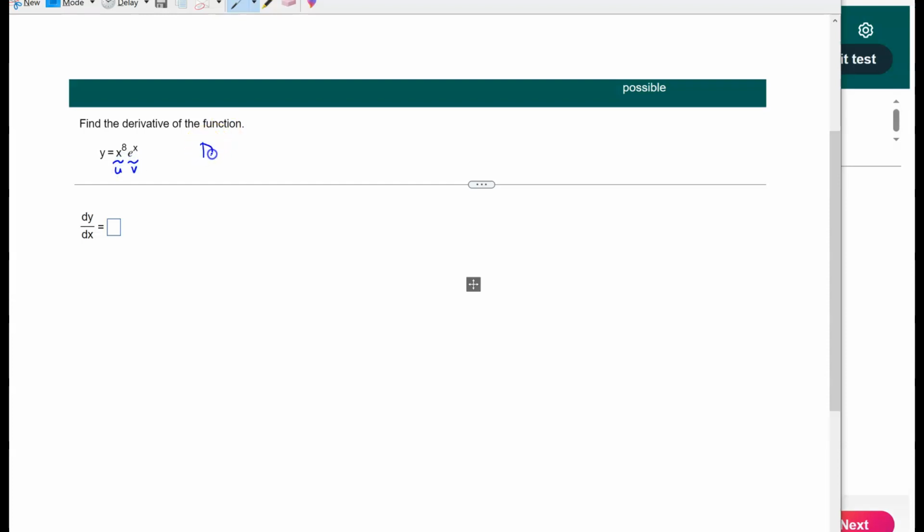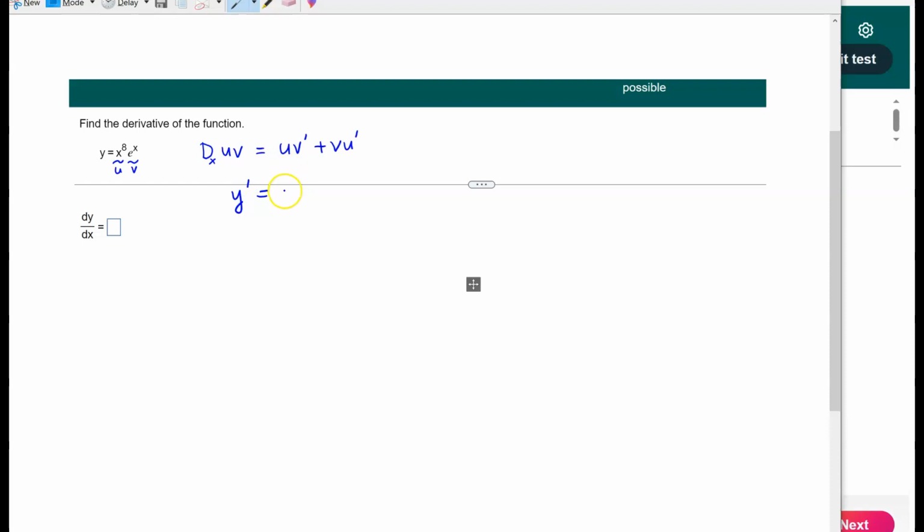So recall the derivative of u times v with respect to x is equal to u v prime plus v u prime.